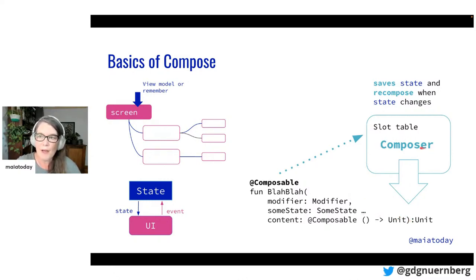The interesting thing about this composer object is that it has memory structures. It has a thing called a slot table. It knows about the state. This composer is aware of the state coming in. It has flags and points in the code where it can see when the state changes, and then it can decide to recompose, which means it calls these functions again.